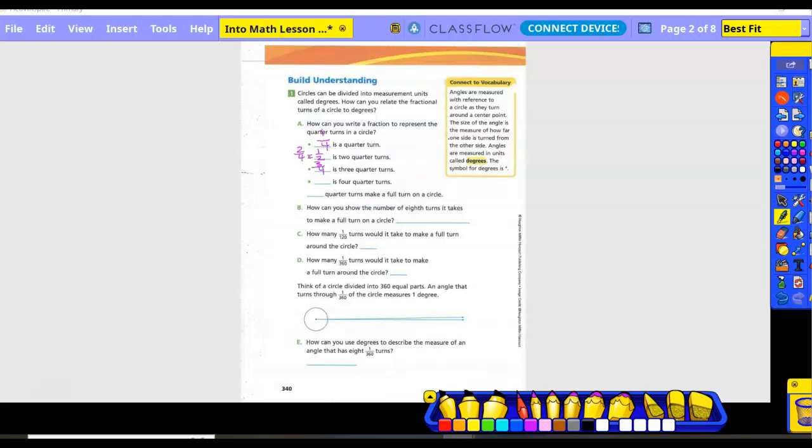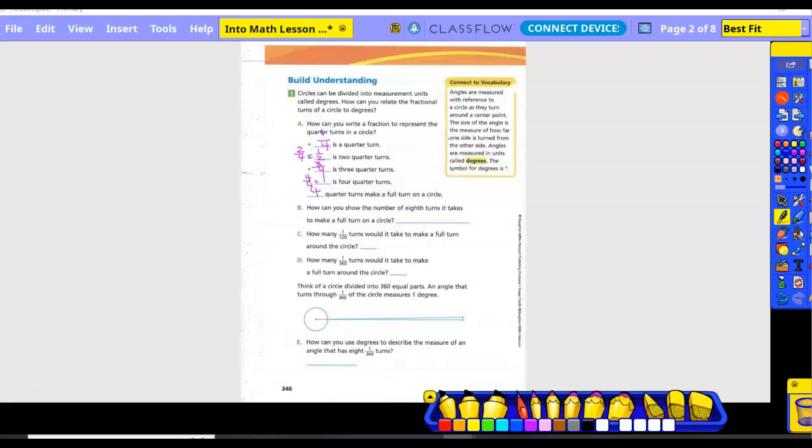And blank is a 4/4 turn. 1 whole, right? So 4/4 or 1 whole. Okay, so blank quarter turns make a full turn on a circle. What did we just say? 4, right? Or actually it's 4/4 turn, so the numerator, right?